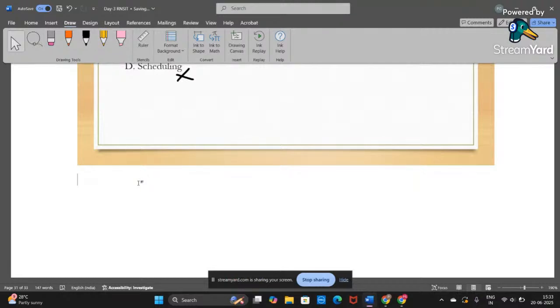I'll ask you a simple question. Virtual memory is what? I'll give you the options along with this. Part of main memory. Another option is part of secondary storage.